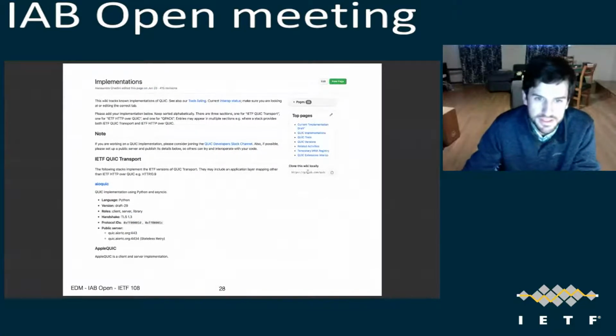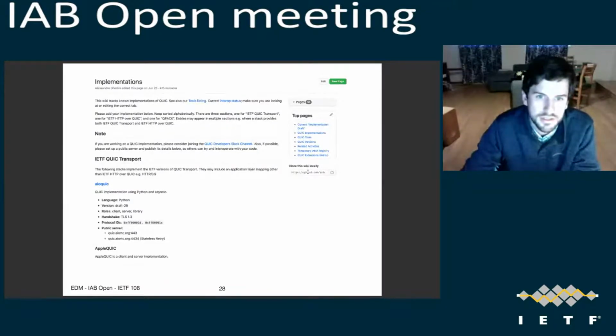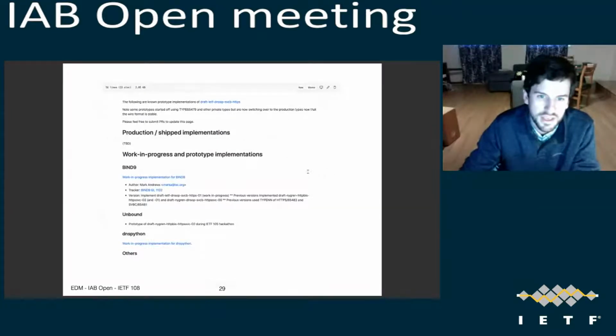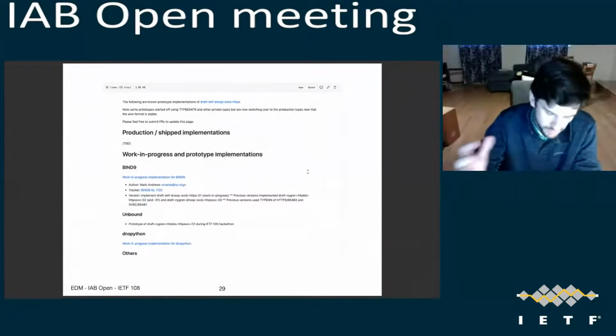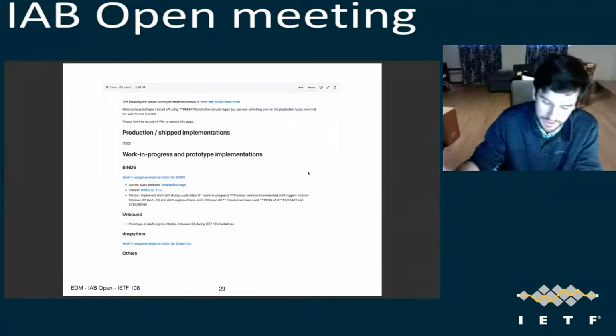QUIC has a great page also going over all of the different implementations it has and various ways to find public servers to test against. Next slide. And so those previous ones were kind of official working group lists that we had on the working group GitHub.